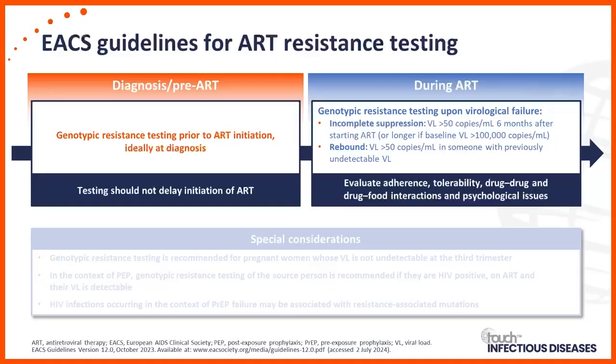I think it's very important to manage when you have a patient who has incomplete suppression, or a patient who was undetectable and had a viral rebound. So we have to evaluate all the factors we mentioned before: adherence, tolerability, drug-drug interaction, and do the genotypic resistance testing, in order to have all the elements to decide if there is a need to change therapy or not.